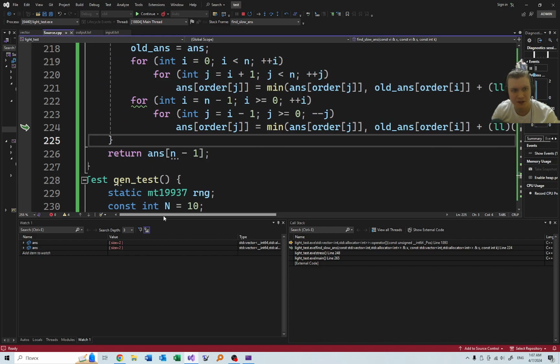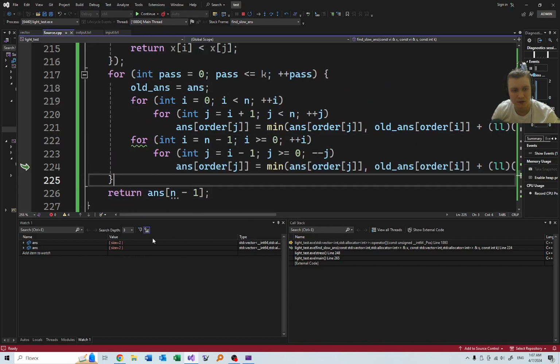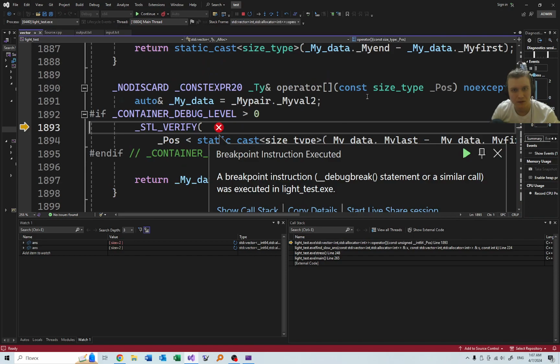Actually, I don't see a reason why it should work like this.